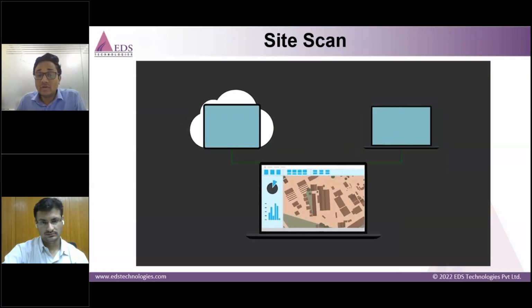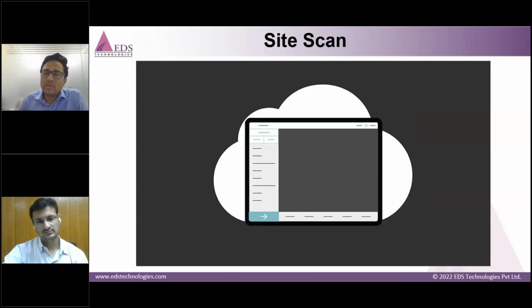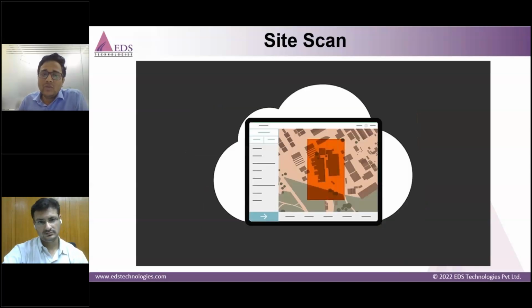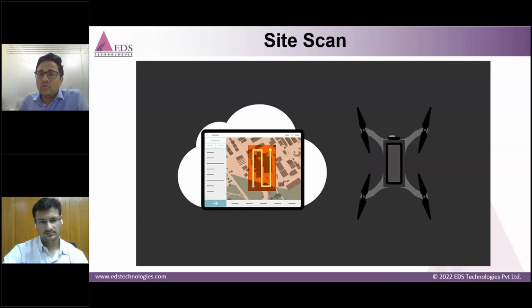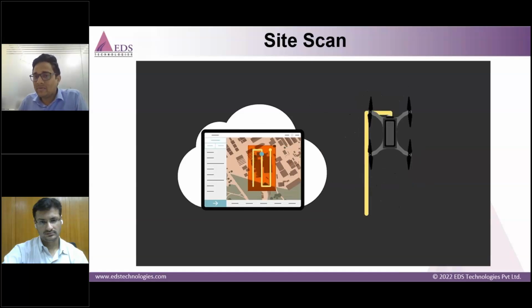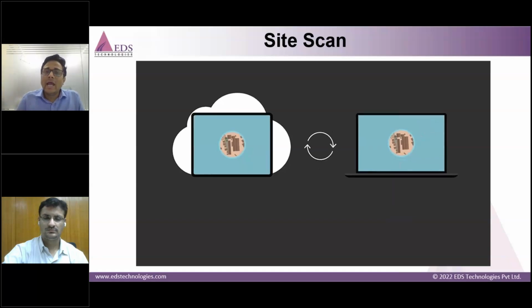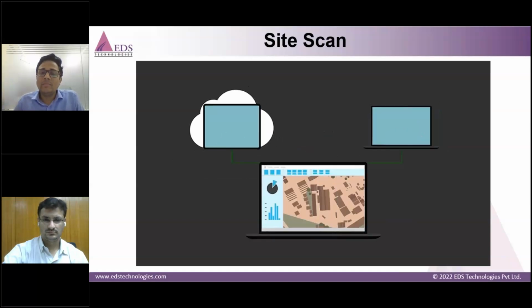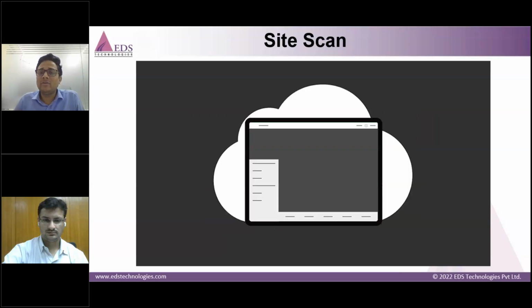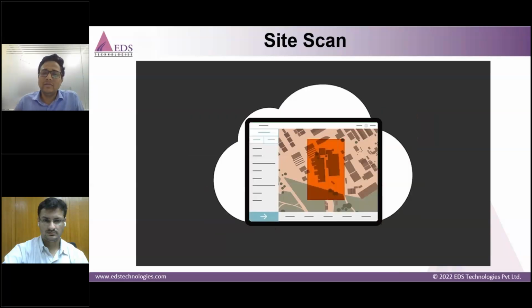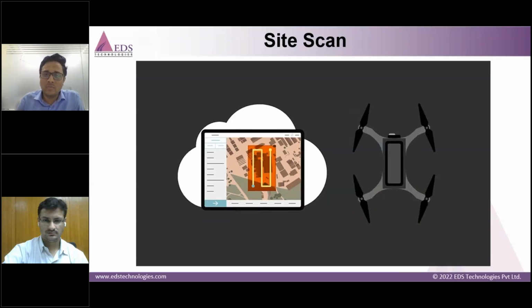You log in, link your drone with your software, and command your drone to fly this area at this height, capture images at this GSD or pixel size, and one person from your team goes to the location, flies the drone and forgets. Then that drone will do the survey automatically.